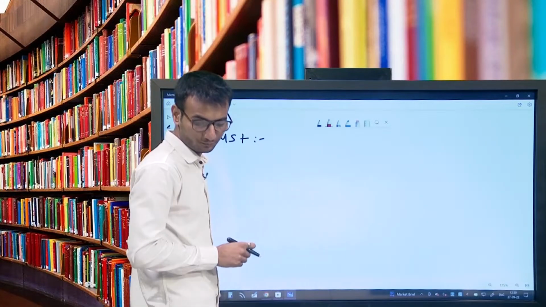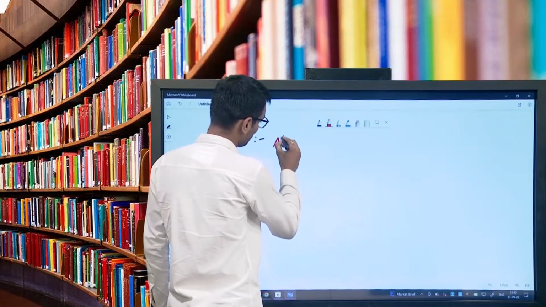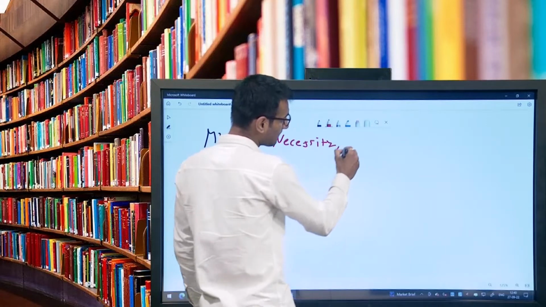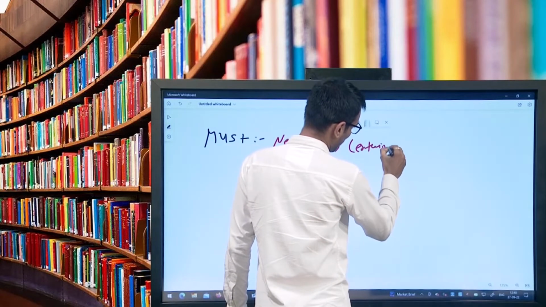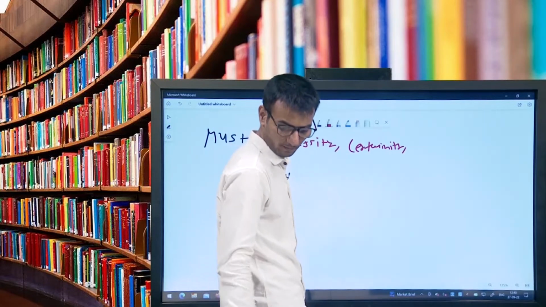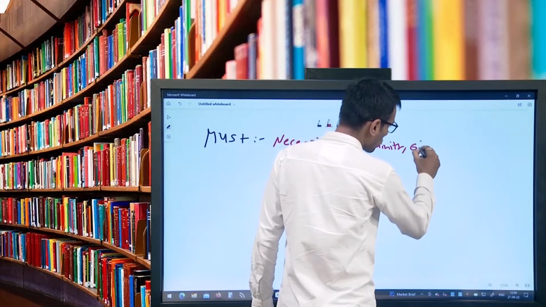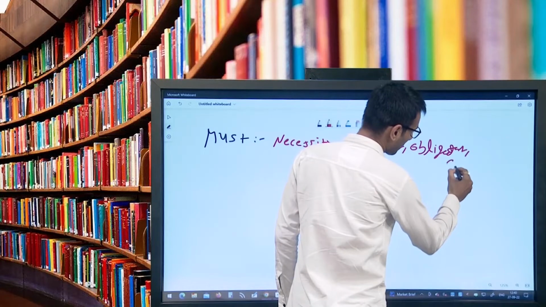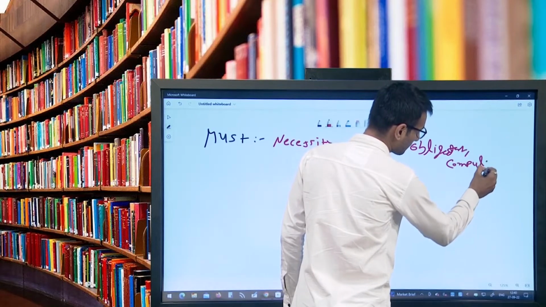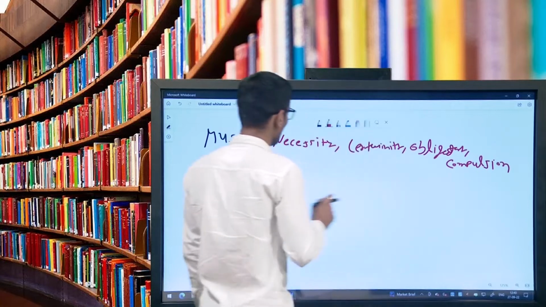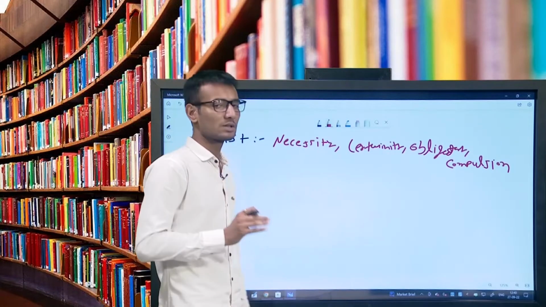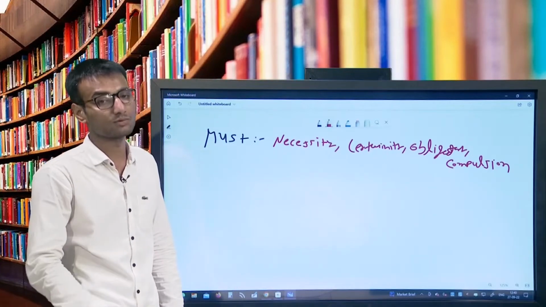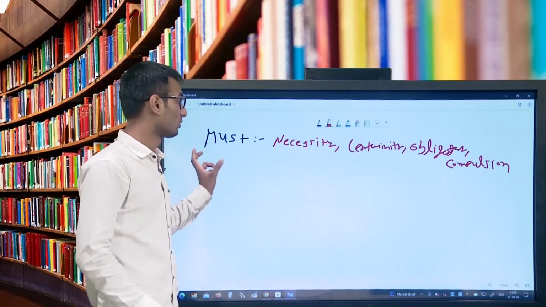So must expresses necessity, certainty, obligation, and compulsion. So when there is a compulsion that you must do this, it means a person has to, or we can say have to do this. That means this kind of modal auxiliary is used.